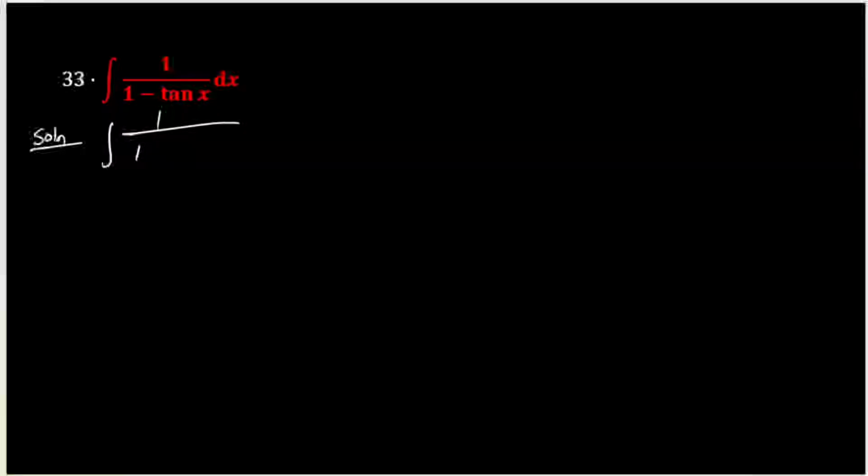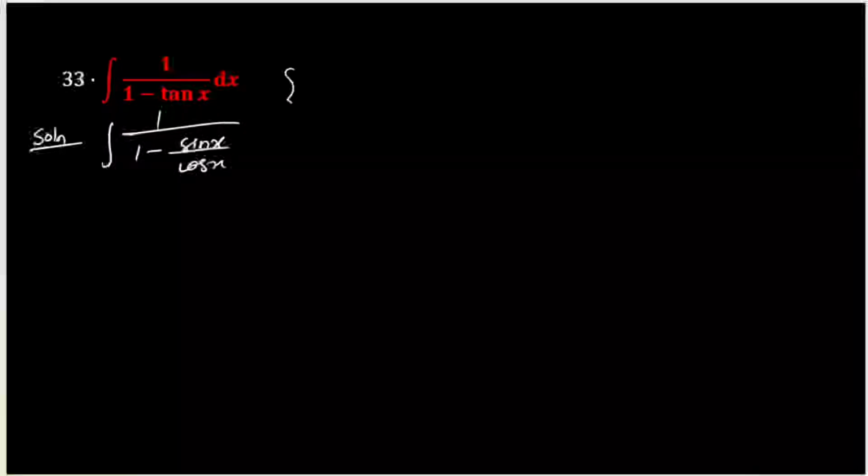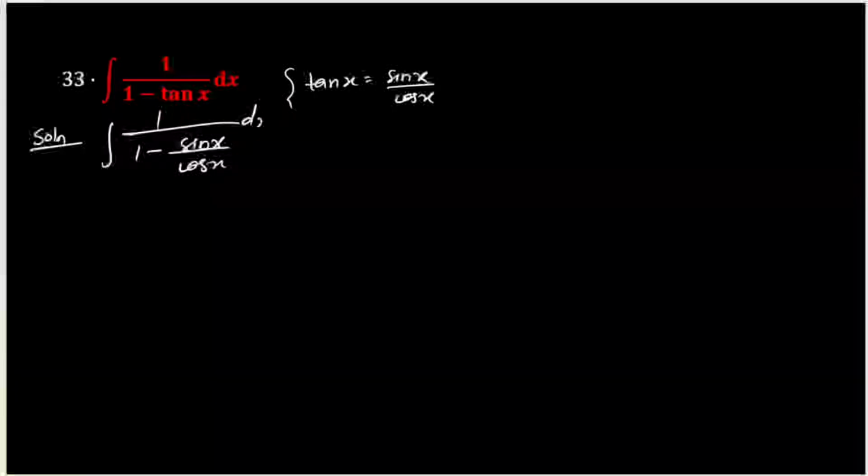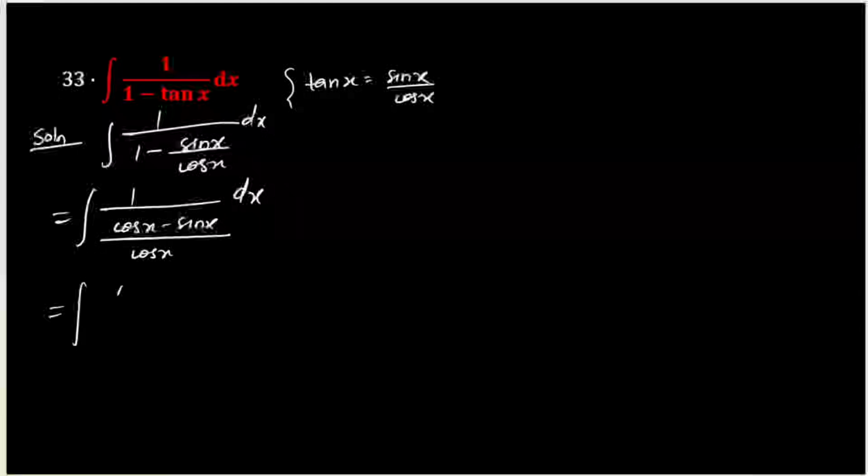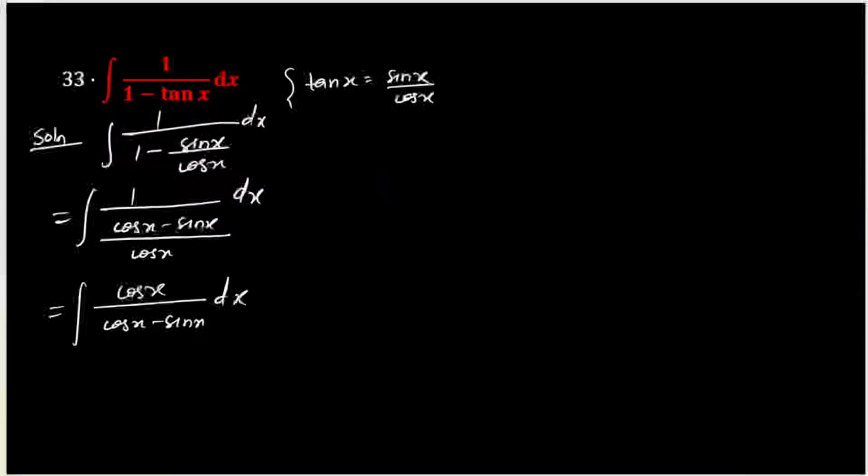The given integral becomes 1 by 1 minus sin x by cos x, because tan x is equal to sin x by cos x, and simplifying 1 by cos x minus sin x by cos x dx, then cos x by cos x minus sin x dx.